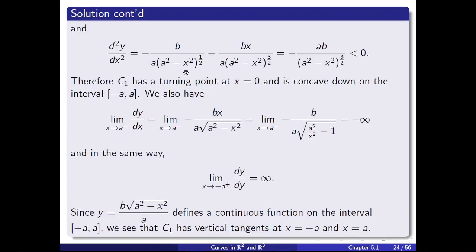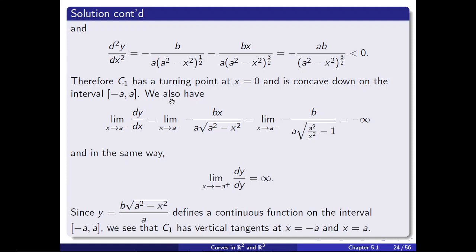And the second derivative, we can find it, and we find out that it's always less than 0, right? So C1 has a turning point at x is equal to 0 and is concave down. So the second derivative tells us that C1 is concave down on the interval minus a to a.